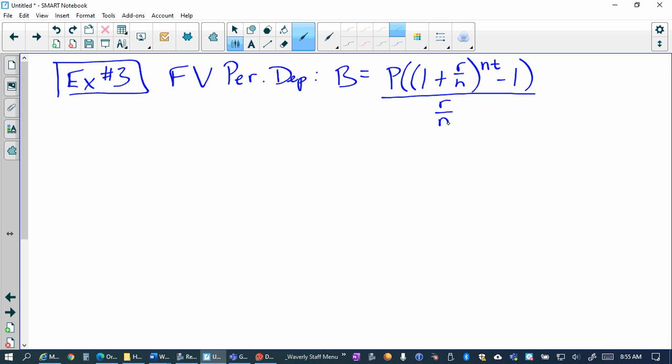So this one could get a little bit messier. They're going to be depositing $400 every month, and they want it to equal $10,000.